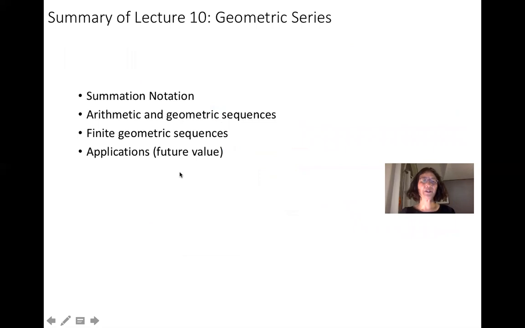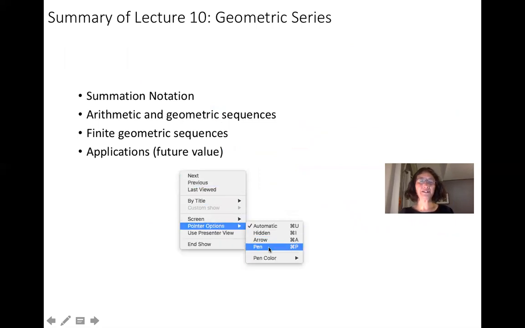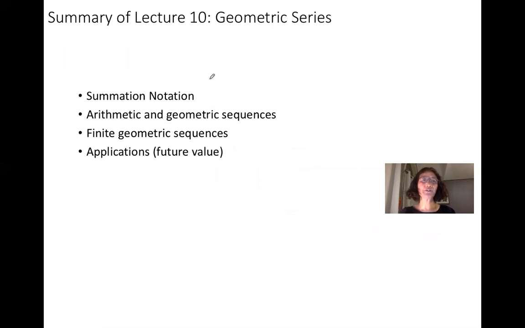So in summary, what we did in this lecture, we introduced the summation notation, sigma. So sigma of x squared with x from 1 to 10 means 1 squared plus 2 squared, until the last item is 10 squared.